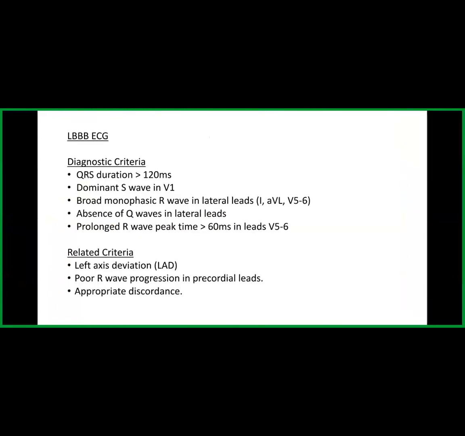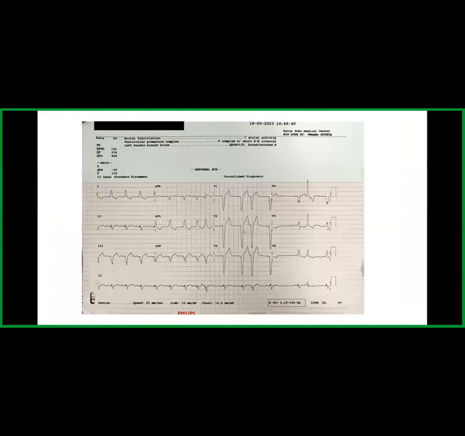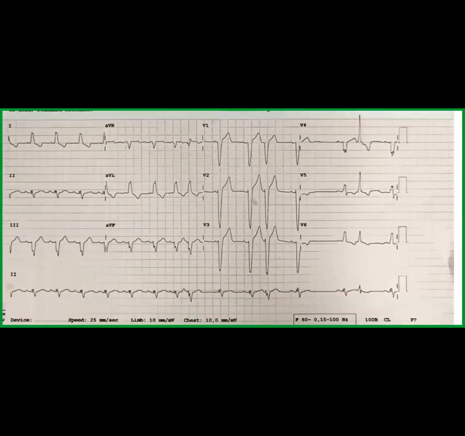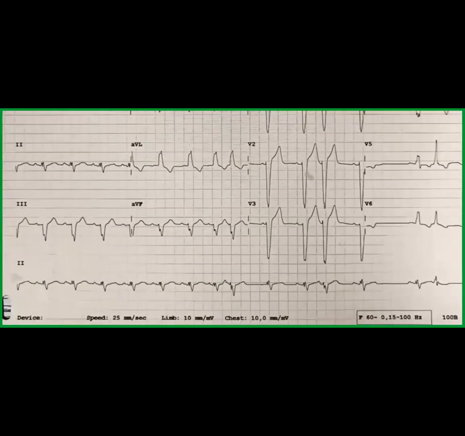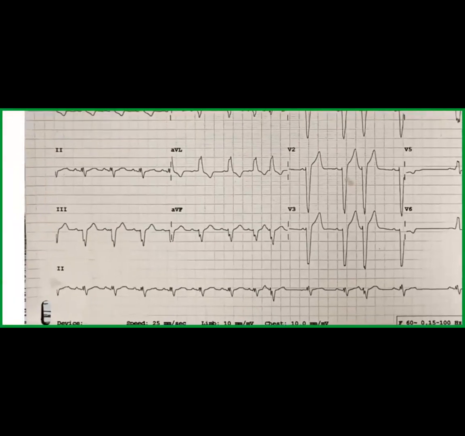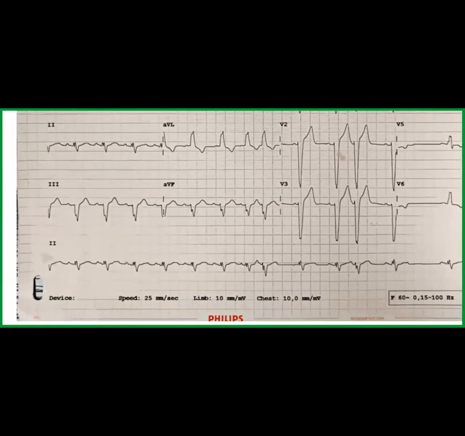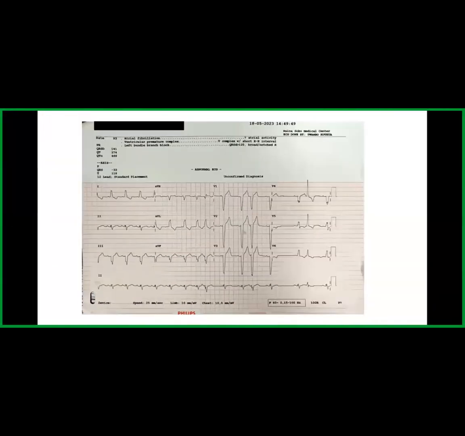So going back to our first example of a left bundle branch here, we are able to see this criteria, especially when we come down to our rhythm strip down here, our lead 2. We're able to appreciate the M-shaped QRS complex a lot more clearly in this lead, the monophasic or M-shaped QRS complex.